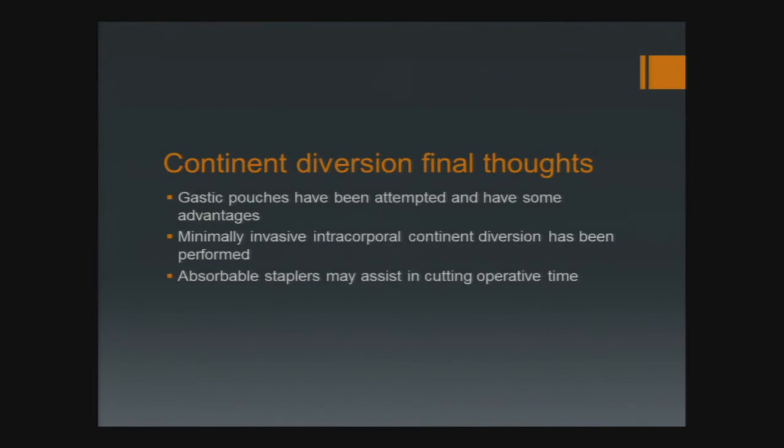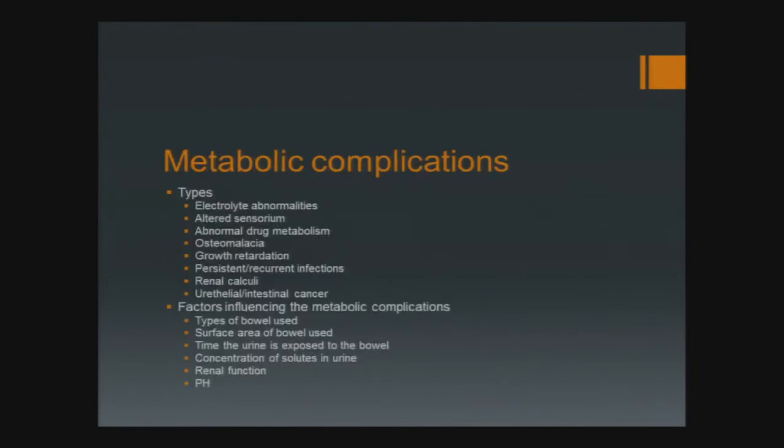That may allow for reduced suturing time. However, they're pretty cumbersome to use and hard to actually use technically. So there are some metabolic complications to all these diversions. And just as a general rule, the longer the urine is touching the urinary diversion, the worse the electrolyte abnormality.